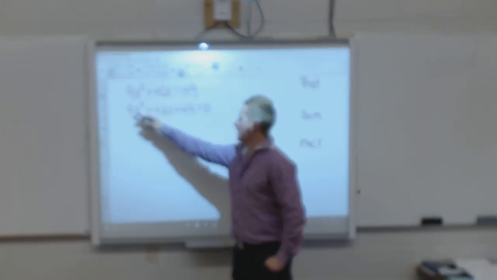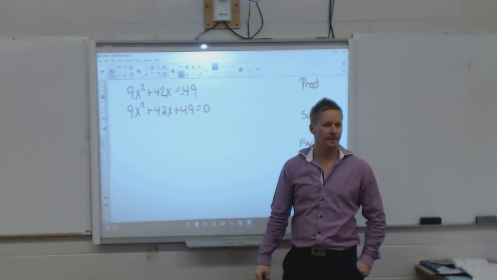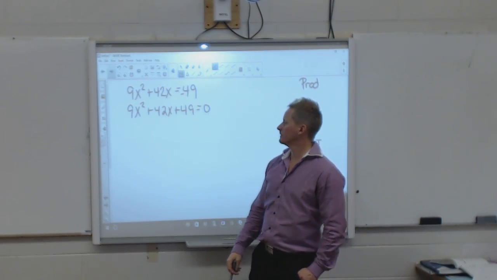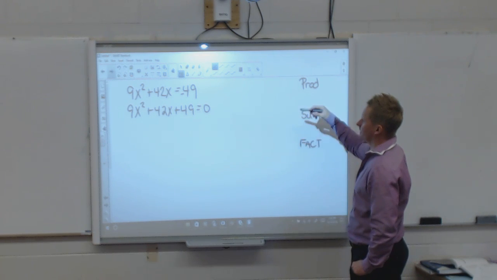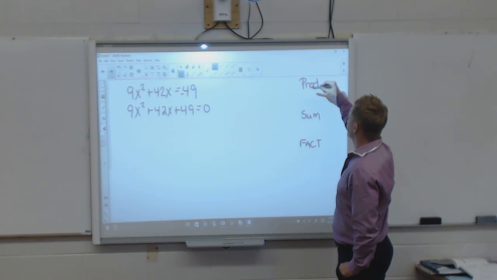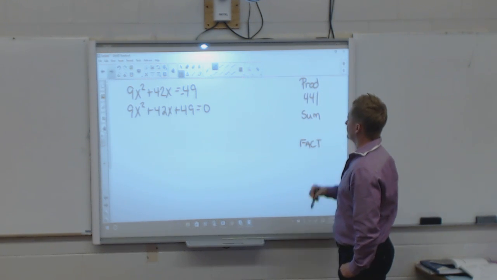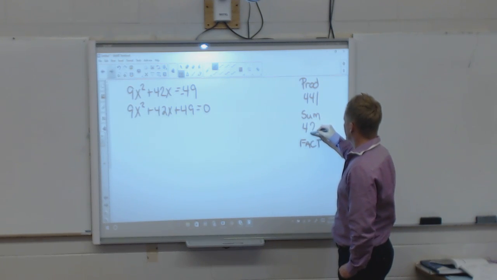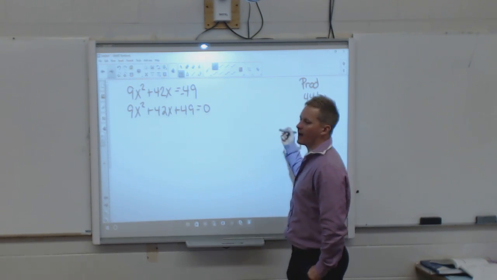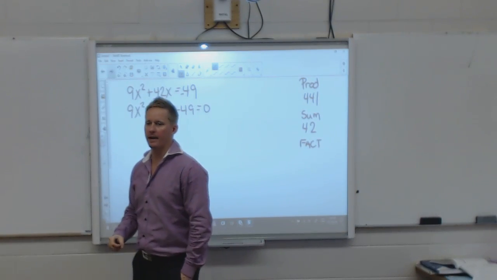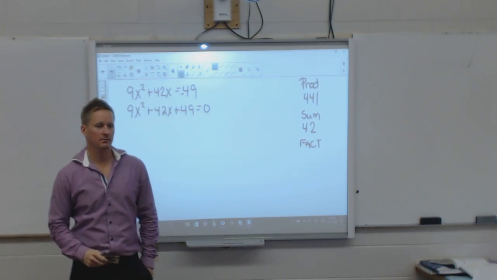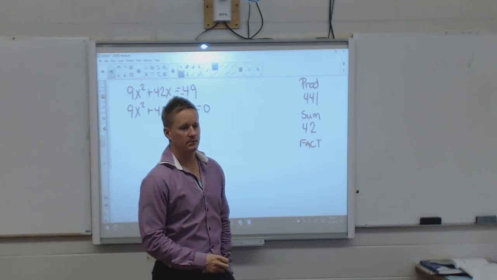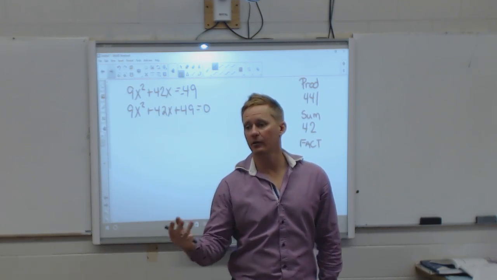Product, 9 times 49. So 9 times 49 is 441. The sum is 42. So what are the factors of 441 that add to give you 42? So that's how we have to do that question.